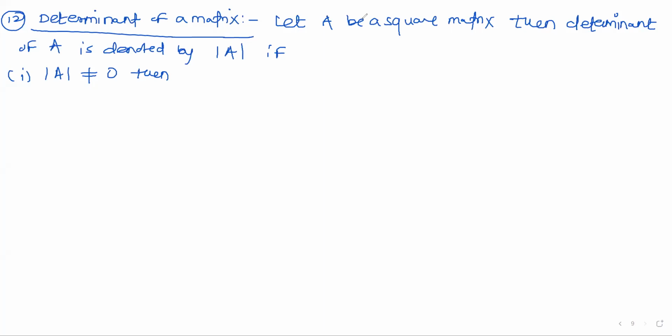Note that let A be a square matrix, then determinant of A is denoted by this symbol, right?